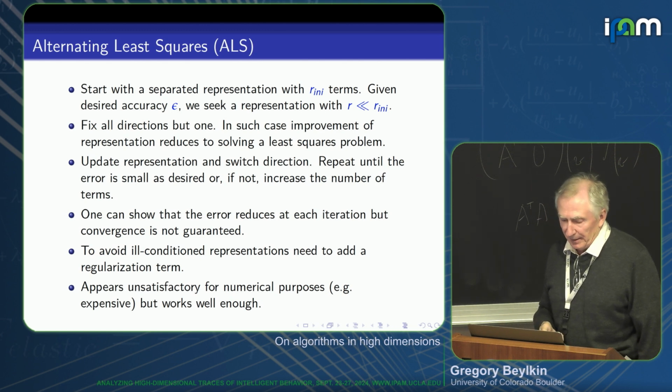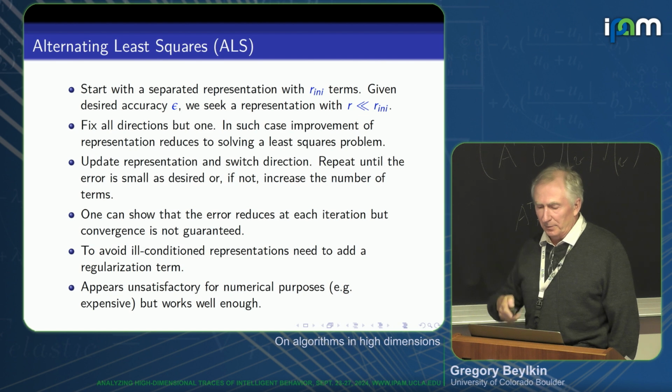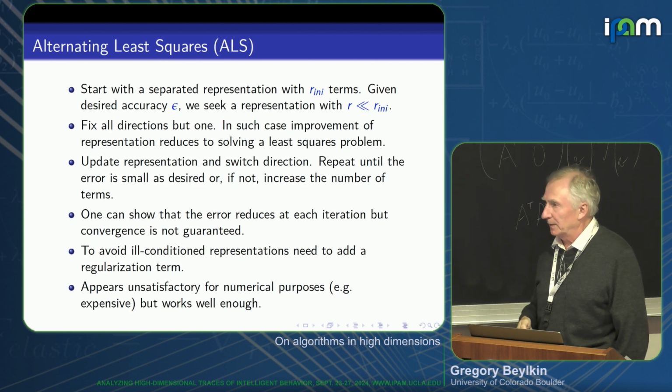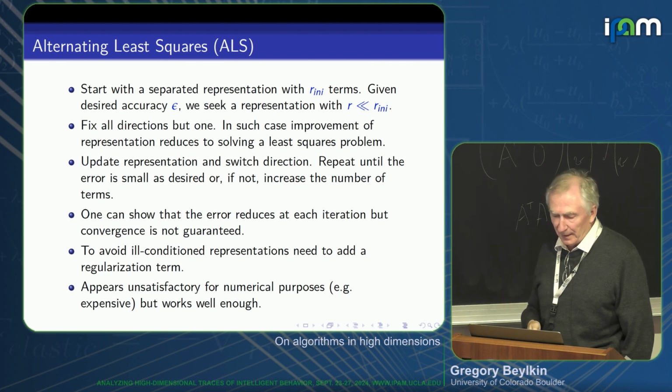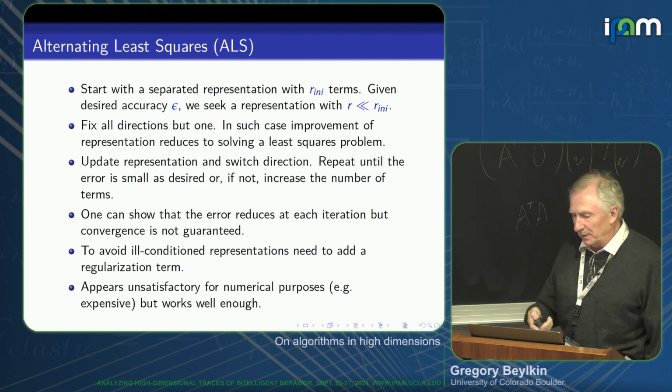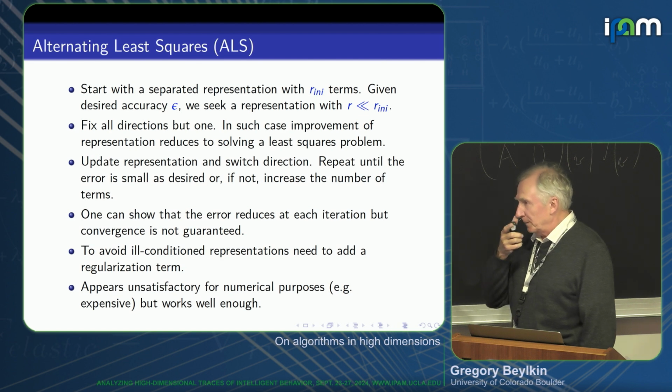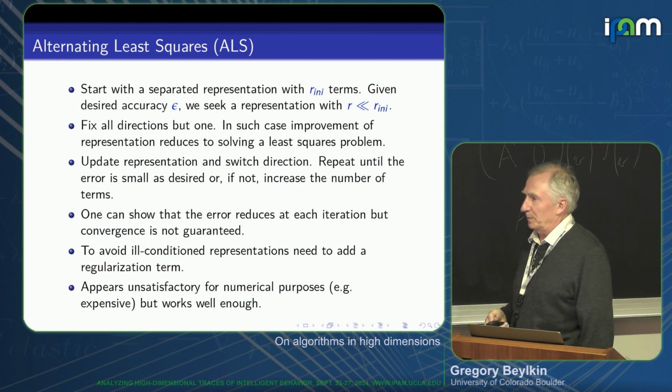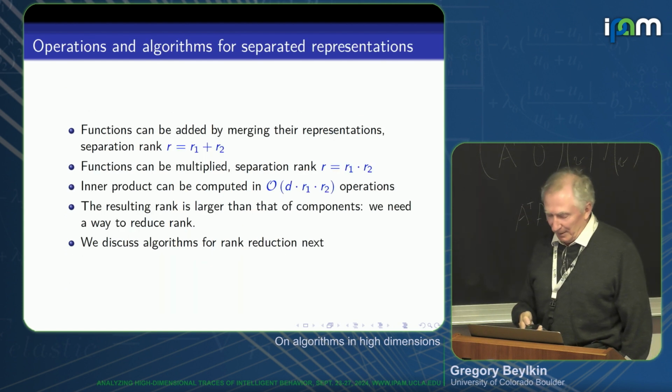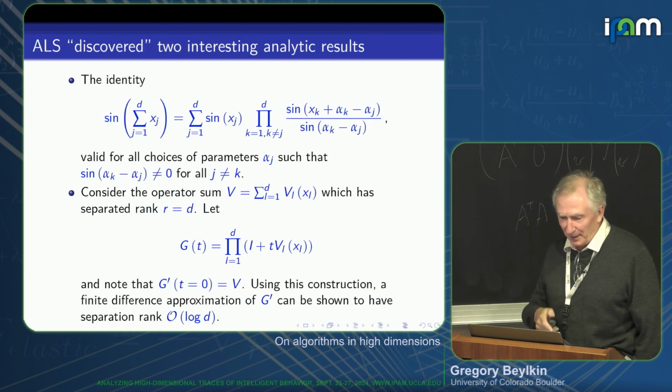Now, to avoid ill conditioning, you need to add something, but you still can have ill-conditioned representations. There is an example of that. From this point of view, this algorithm appears very unsatisfactory for numerical purposes. Nevertheless, it works very well.